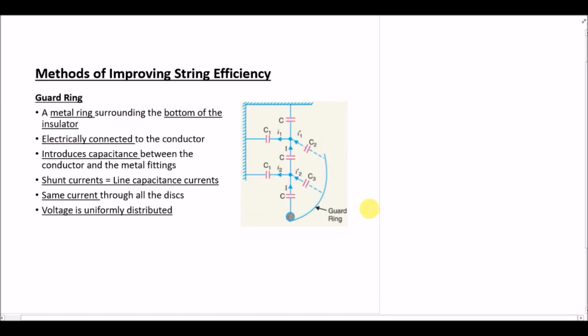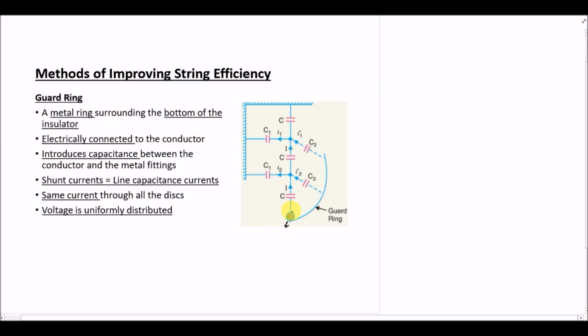The last method for improving the string efficiency is using the guard ring. A guard ring is a metal ring that is connected to the conductor and surrounds the lower insulators that are closer to the conductor, right?